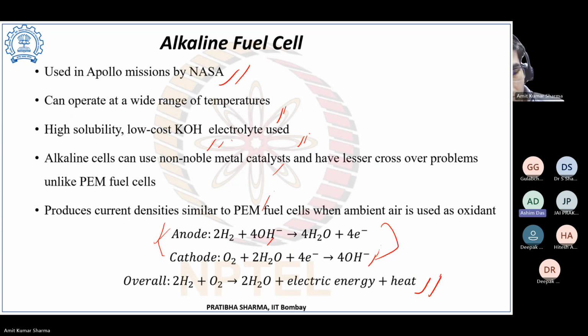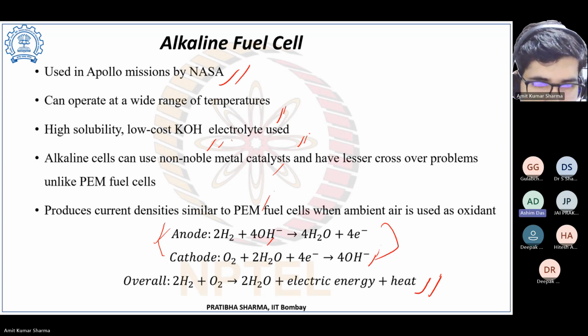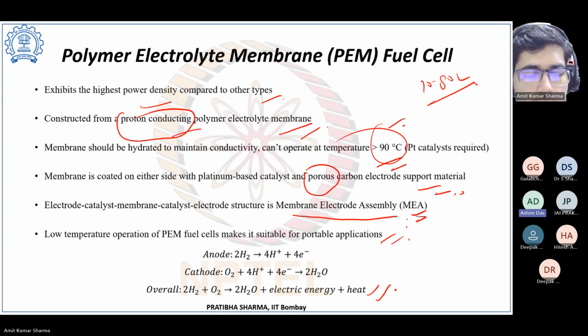In alkaline, at the anode, hydrogen reacts with the hydroxide, basically the alkali. But in PEM, the H2 breaks into H plus and electron.